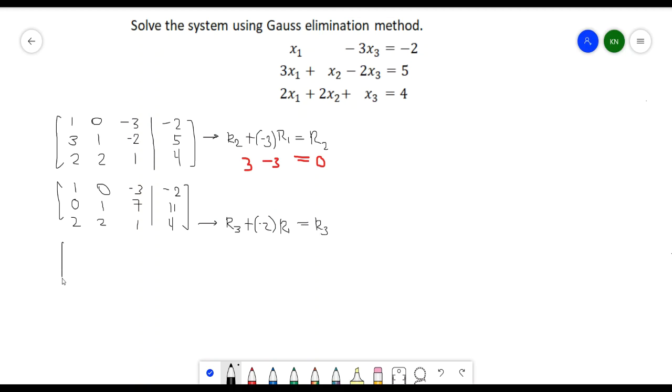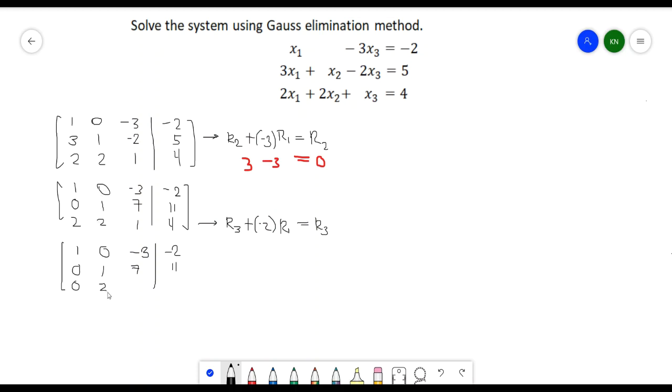Copying rows 1 and 2, we have 1, 0, negative 3, negative 2, and then 0, 1, 7, and 11. For this one, negative 2 multiplied by 1 is negative 2, plus 2, that is 0. Negative 2 multiplied by 0 is 0, plus 2, that is 2.